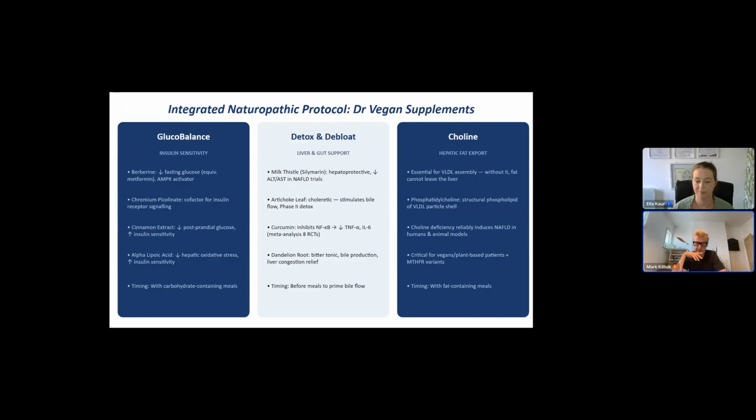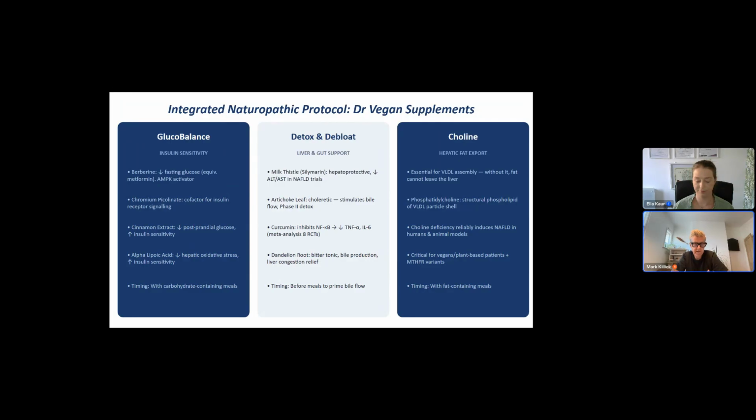Berberine is a cornerstone ingredient. There was a trial in 2008 that showed berberine lowered fasting glucose to a comparable degree as metformin, and its mechanism is the AMPK activation, so the same cellular energy pathway that exercise and fasting activates. So it's a good signaling.